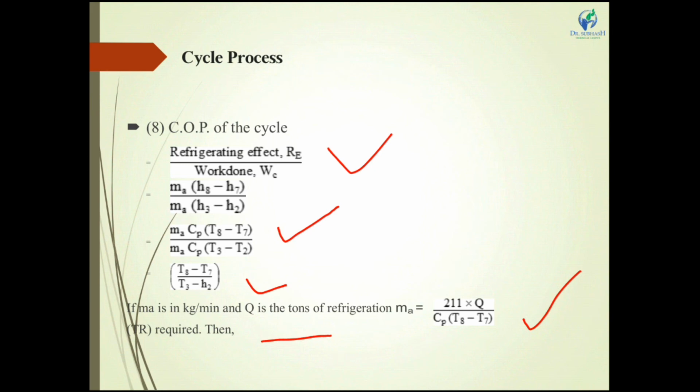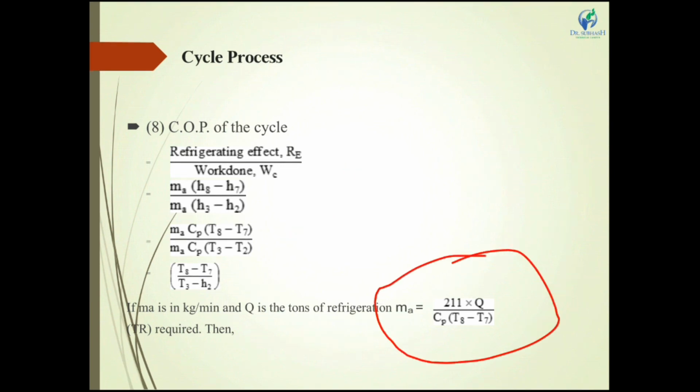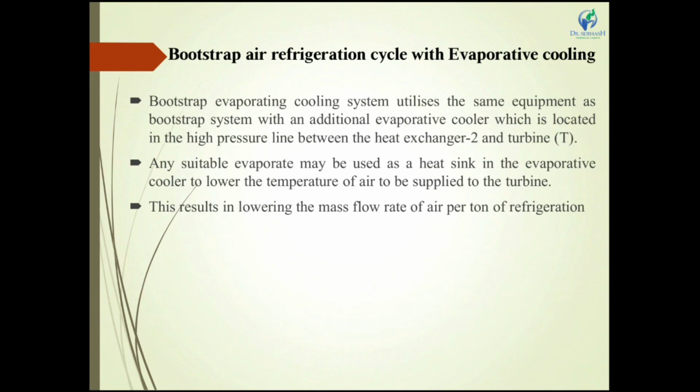If we have the unit kg per second, then we replace 211 with 3.5 times Q. The unit is converted into kilojoules per second, which is equal to watts. This is the final equation of the bootstrap air refrigeration system without evaporative cooling.